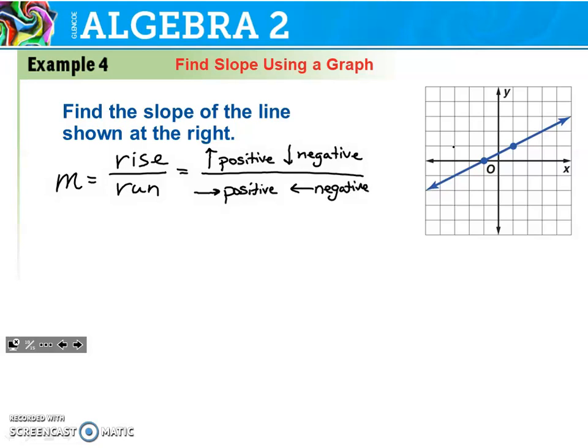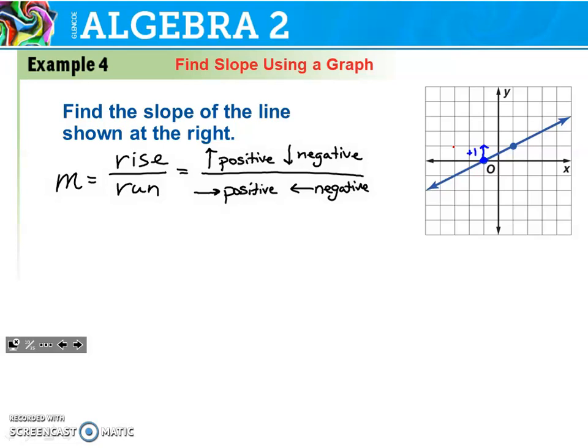Okay? So, when I'm dealing with this, if you're going to use the rise over run method, you want to pick a starting point. I'm going to start at this point right here. And I'm basically going to make a triangle, a slope triangle, to get to the other point. So, the first thing I'm going to do is I'm going to move up. And if I move up, I've got a positive 1.